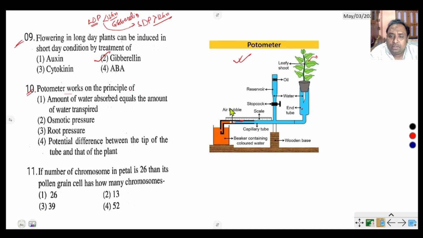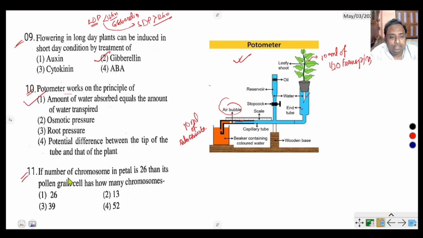So the air bubble movement determines how much water is absorbed by this plant twig and what amount of water is evaporated or transpired. The amount of water absorbed equals the amount of water transpired. Suppose 10 ml of water is transpired, it means 10 ml of water is absorbed. Both are equal. So option number 1.